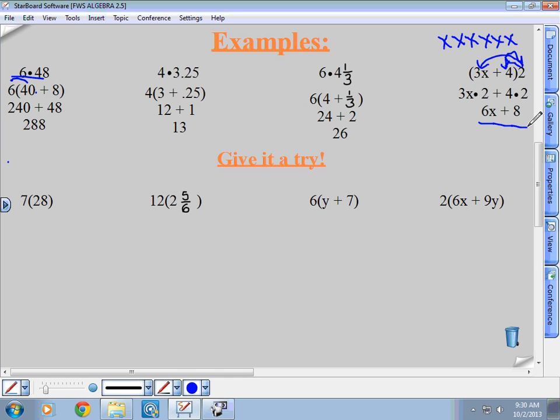All right. So now let you guys give it a try. You want to go first? Okay. 7 times 28. What am I going to do? Do you know what that is in your head? Don't try to figure it out in your head. I want to try to do it using the distributive property. What's another name for 28? What can I substitute for 28? 20 and 8. 20 and 8, okay. 20 plus 8 works well.